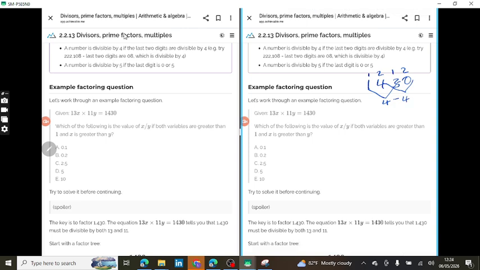Subtract, and 4 minus 4 is 0. In as much as 11 can divide 0, then 11 can divide this number. But now, how about for 169?